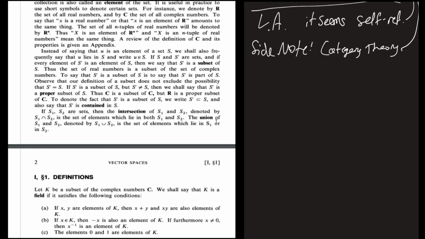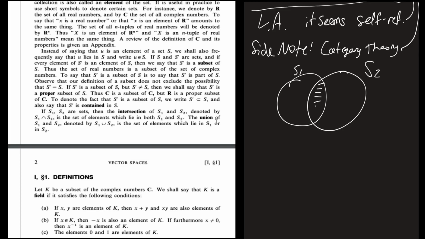So an example of that would be, let's see, let me draw S1. And here I'll draw S2. And so their intersection is quite literally this stuff on the inside. This is their intersection. Okay. And then their union will be both circles.